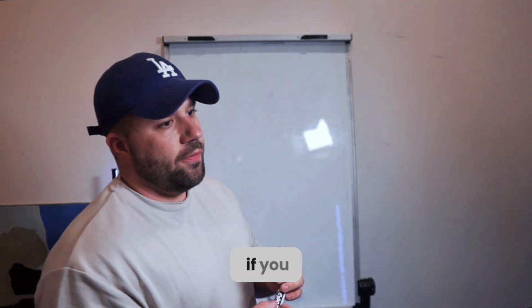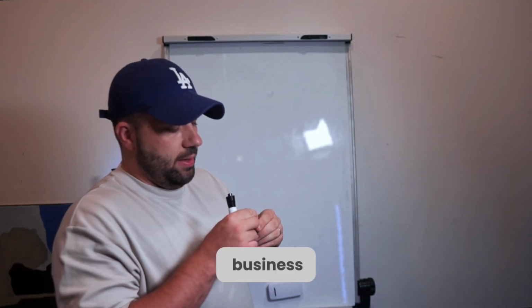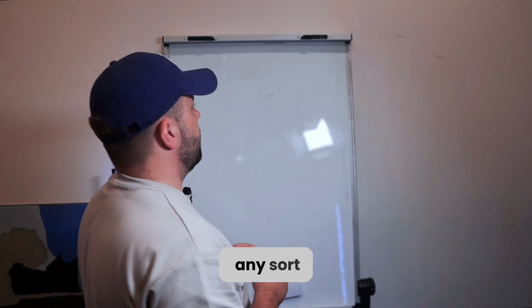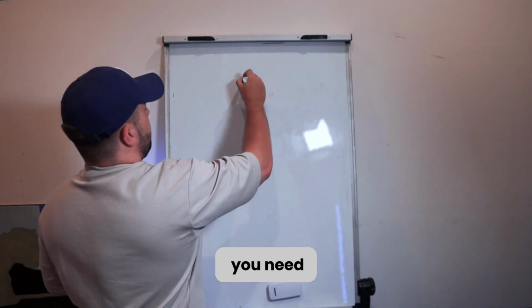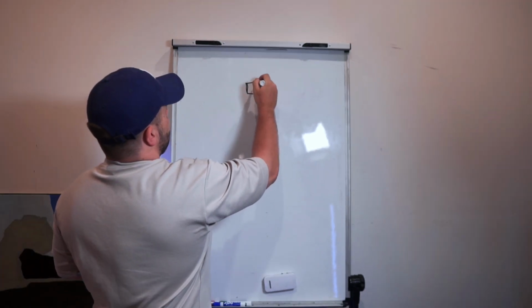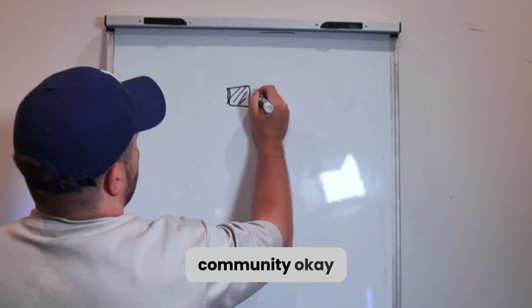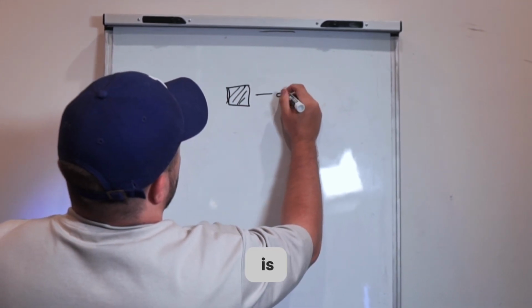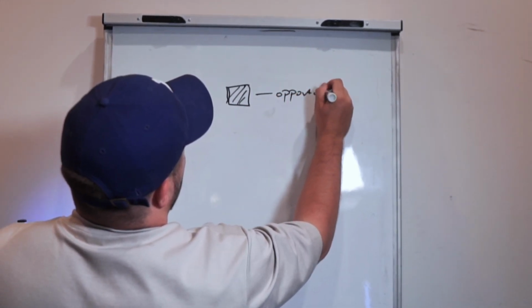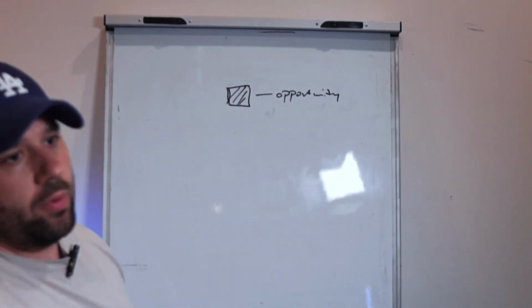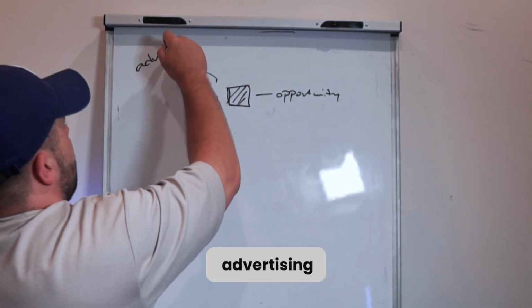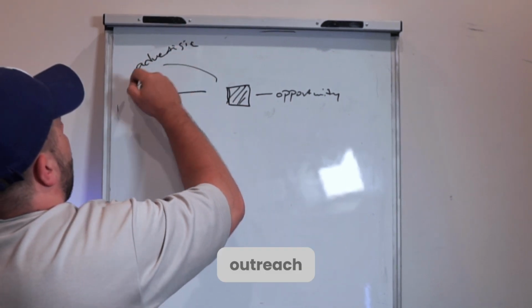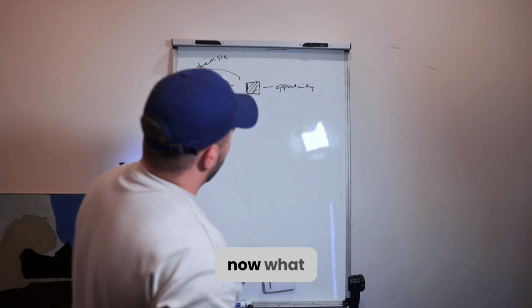If you run any sort of service-based business, the first system that you need to create is a system to generate opportunity. Opportunity really comes down to things like advertising and outreach.